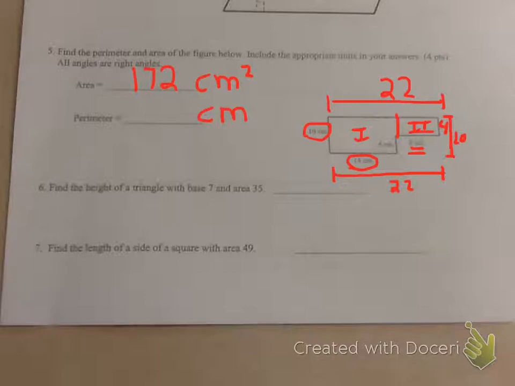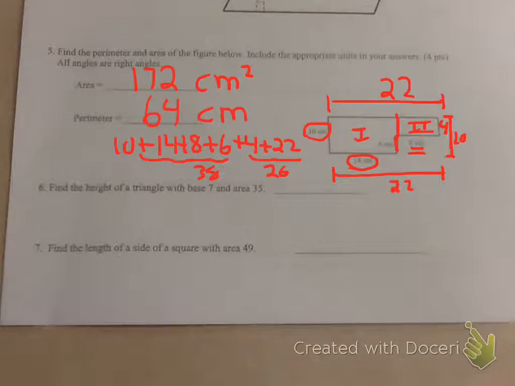Let's start with the 10. 10 plus, going across the bottom, 14 plus 8, which we know is 22. Plus, now you've got to get this part right here. You've got to get that 6 and then the 4. Plus 6 plus 4. And then plus 22 across the top. Well, I can see that 10 plus 22 is 32, plus 10 is 42, that's 38. 38 and 26 is 64.